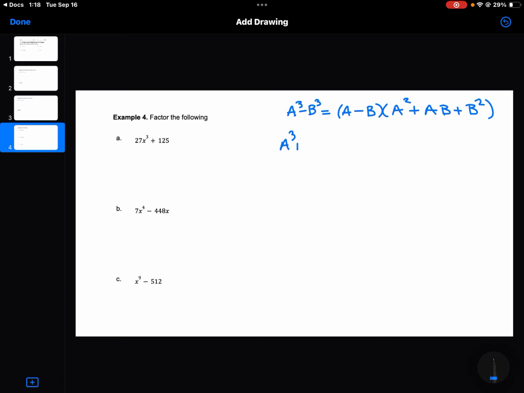And my sum of cubes is almost exactly the same, except I've got a plus b and then a squared minus ab plus b squared inside the brackets. You do need to remember those formulas. A and b represent the cube root of the first term and the second term, respectively.